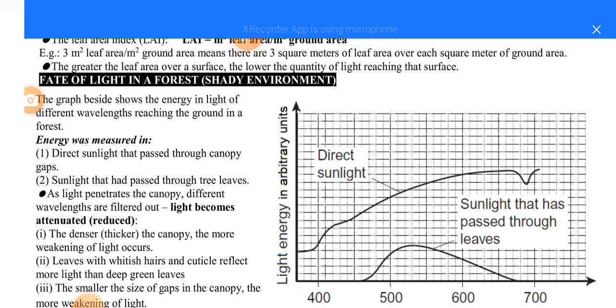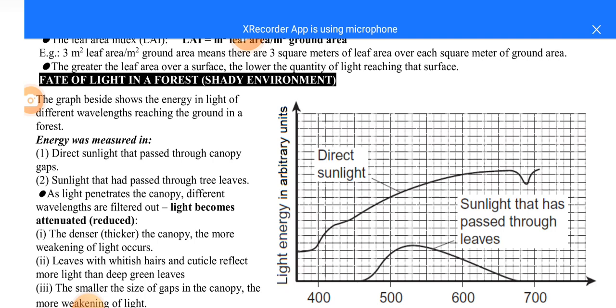The other bullet is, as light penetrates the canopy, different wavelengths are filtered out and light becomes attenuated or reduced. I don't know whether you have ever seen those trees which grow like an umbrella, forming layers up to the top.